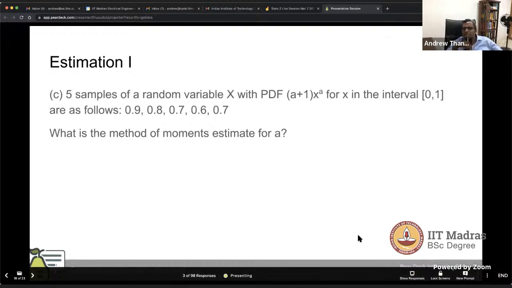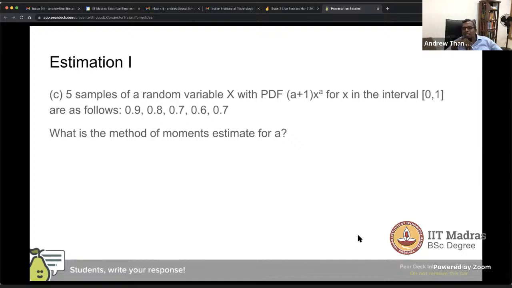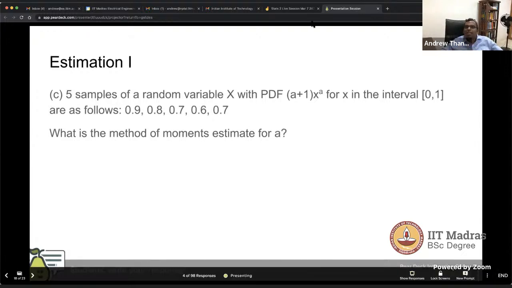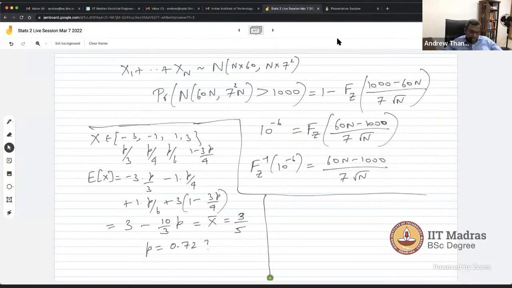Slightly more difficult question. This expected value calculation is maybe not the most trivial. It involves a slightly complicated integration. Maybe it's not that complicated. Maybe I should do that a bit quickly in the interest of time. There's this X which has PDF (a plus 1) times x power a.